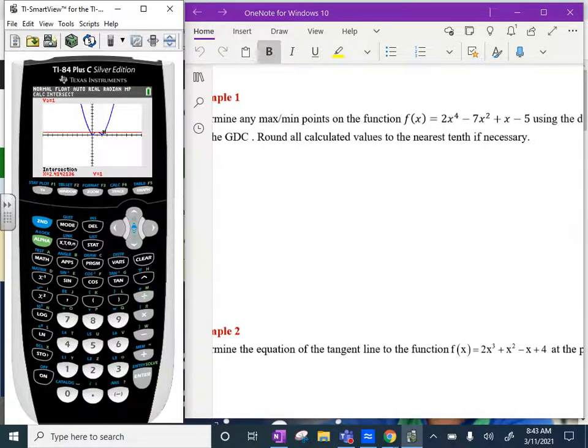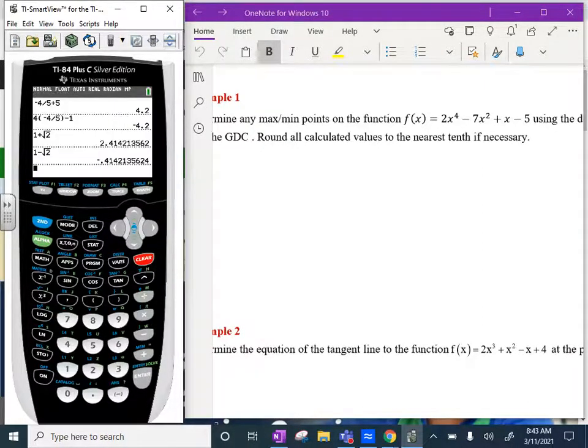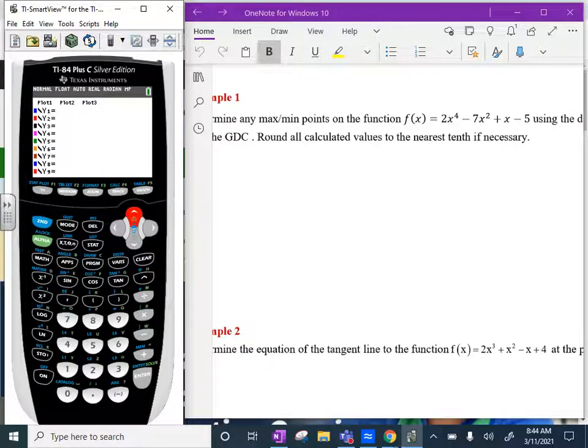So what we're going to do is graph the original function. So we all know how to do that. So go ahead and put your function in. So check to see if your plot's wrong.